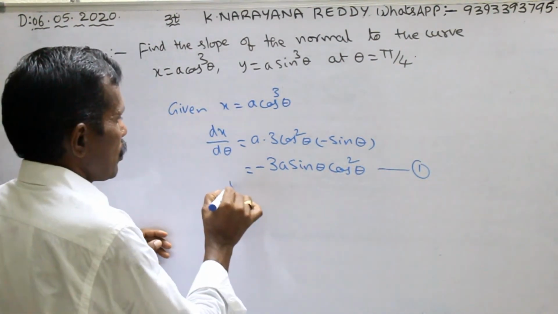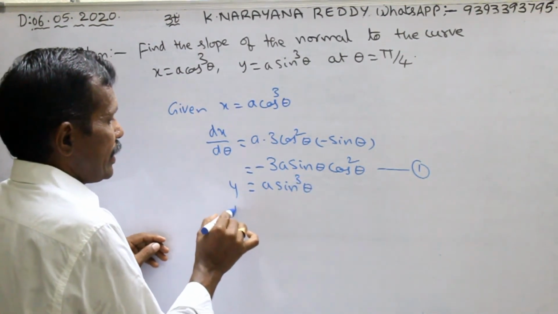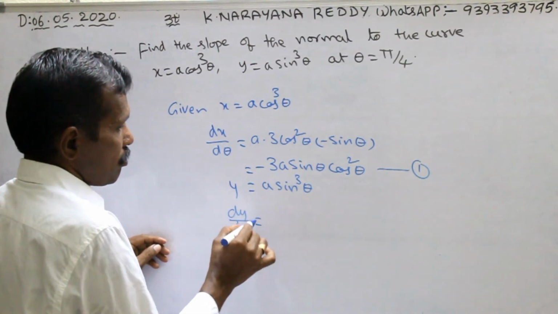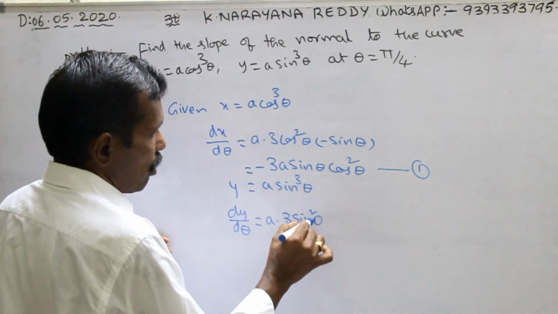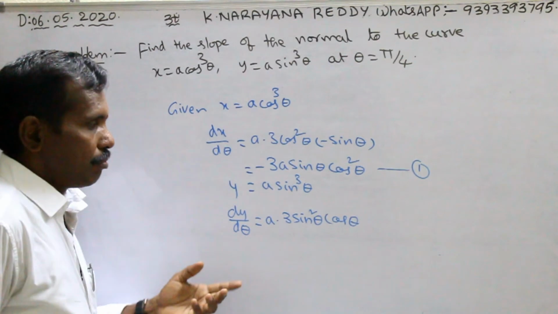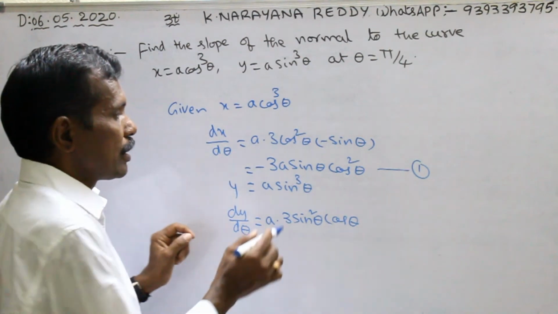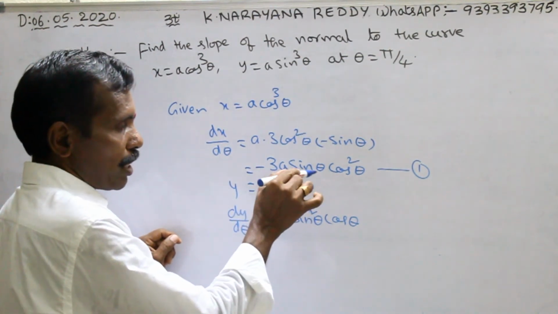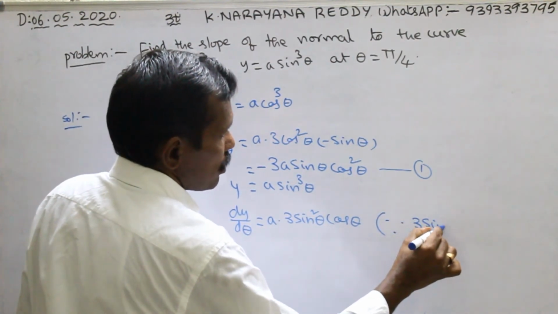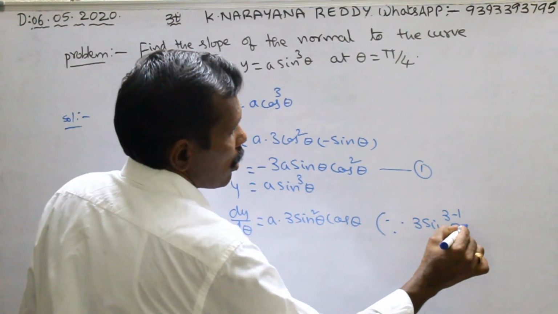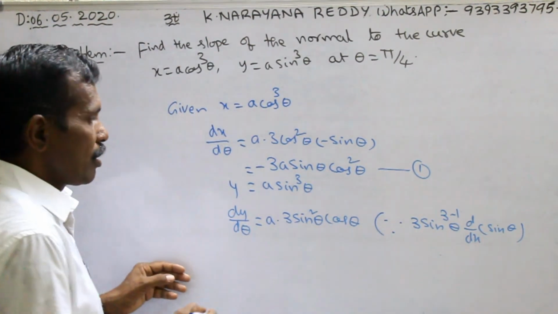Next y equals a sin cube theta, that is dy by d theta equals a into 3 sin square theta cos theta, same, 3 sin square theta cos theta, why, because 3 sin to the power of 3 minus 1 theta, and the derivative of sin theta is cos theta, okay.